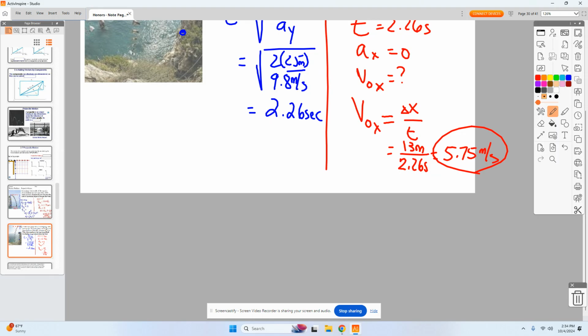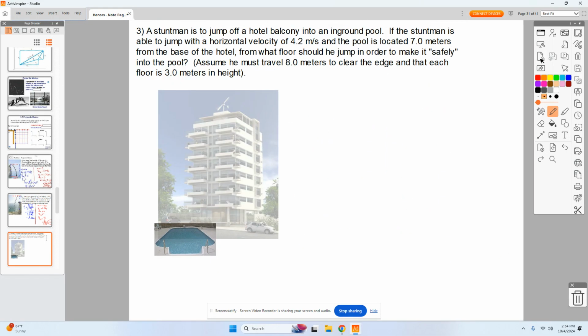I got one more problem for you. Before we do it, I want you guys to sit in awe at my Photoshop expertise. You guys might not be able to tell that this picture is Photoshopped. So I looked all over the internet to find a picture of a hotel with a pool nearby, and I couldn't find it.